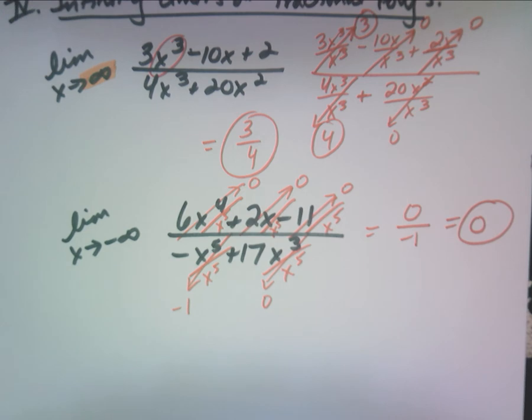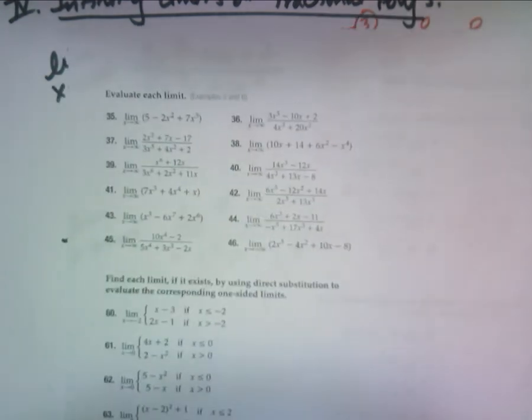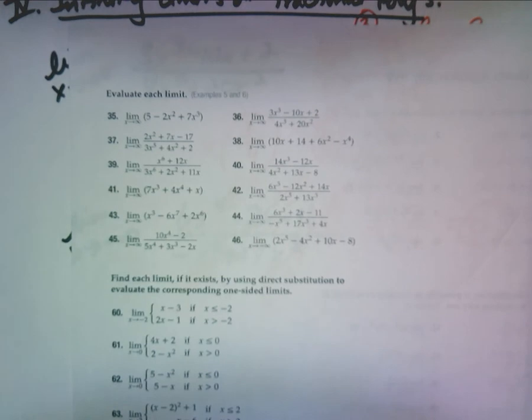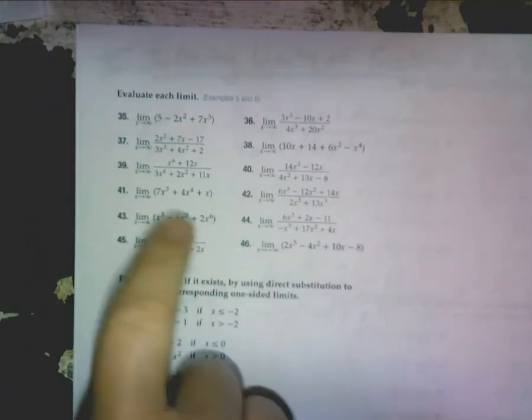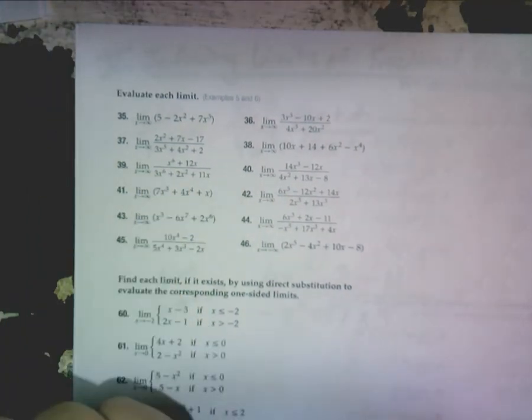So let's look now at the other two little problems I had here. Which other two did I give you here? 39? Yeah. 39. So what are you going to divide everything by? X to the 6. Divide everything right now by x to the 6 and tell me what your limit is.